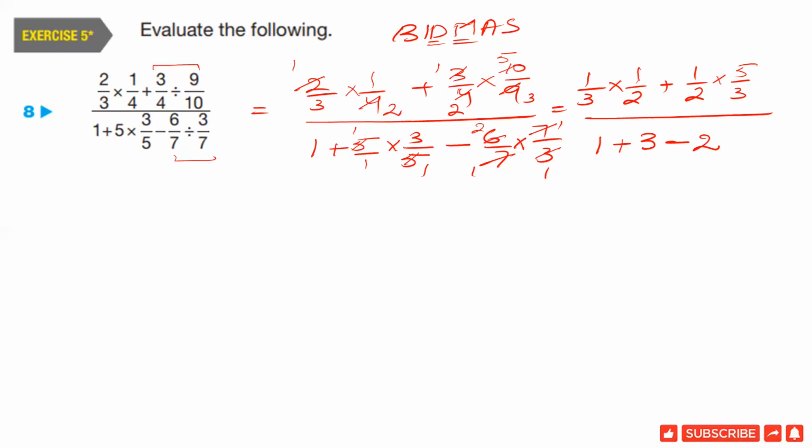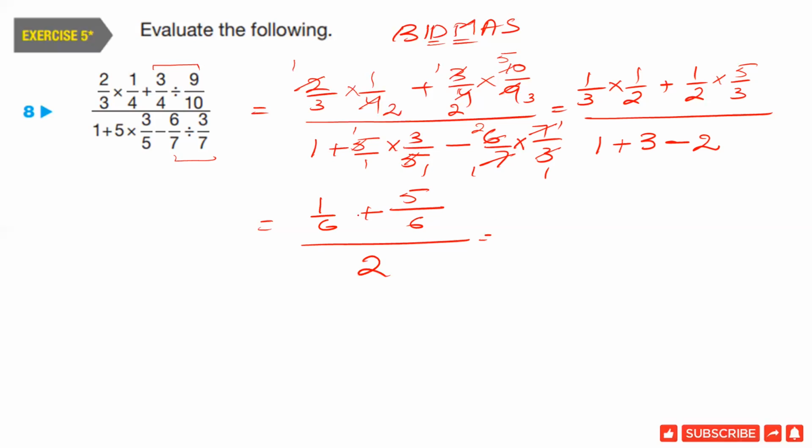Now look at this. What we have, we are having up here in the numerator 1 upon 3 times 1 upon 2 means 3 times 2 is 6. So 1 upon 6 plus 5 upon 6 whole divided by 1 plus 3 is 4, 4 minus 2 is 2.